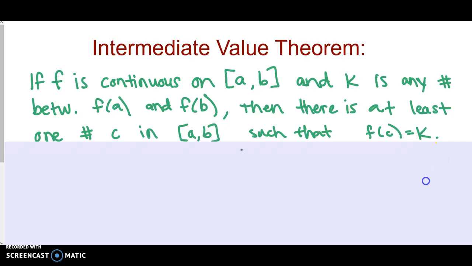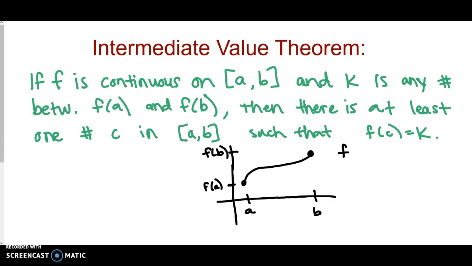But maybe this will help us understand it better. So here's a graph. I have my interval a to b. The function f is continuous on this interval. I just made it up. Here's my y value for a and my y value for b.